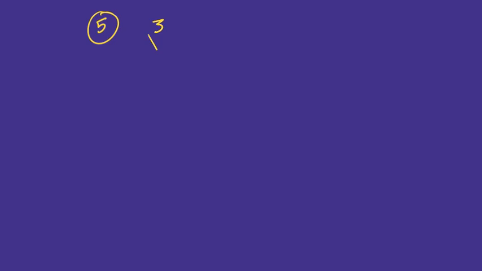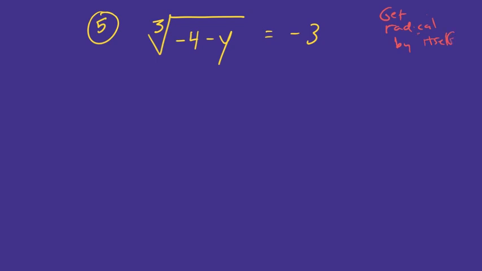Number 5, cube root of negative 4 minus y equals negative 3. So we do want to get the radical by itself. On all of these, the radical on the left, there's nothing else with it. We don't have like a negative 2 out beyond the radical on the left side. So that's already done, so we don't have to do anything there.